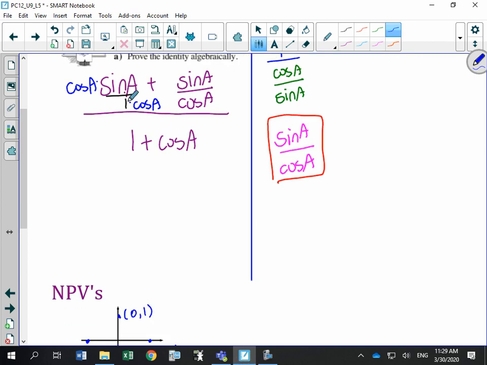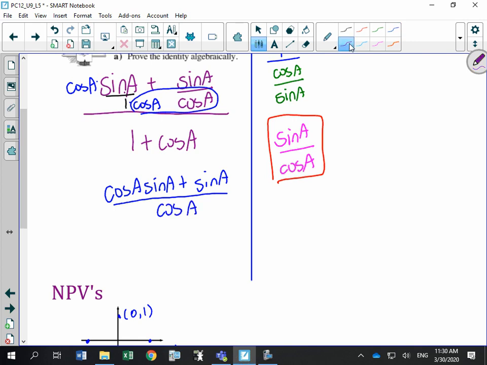So I'm going to multiply this by cos of A and this by the cos of A. Now what I have is cos of A, sine of A plus sine of A, all over the denominator here, the cos of A, and this is all over 1 plus the cos of A. Okay, this is what we're going to need to clean up.